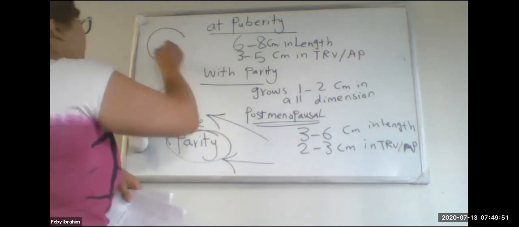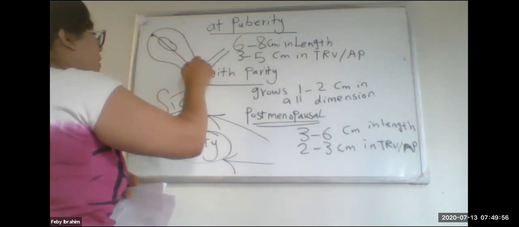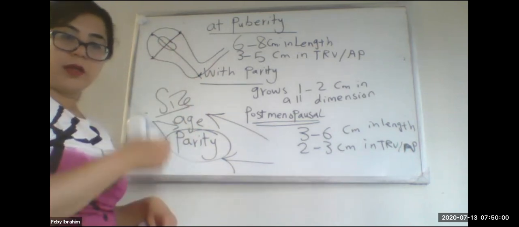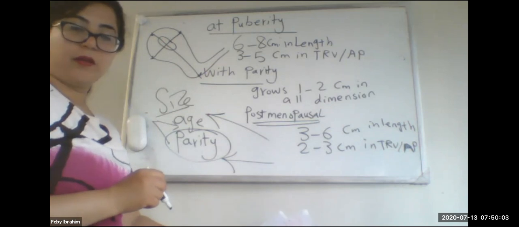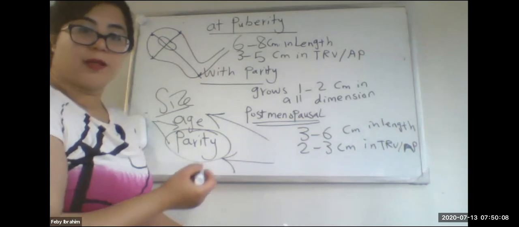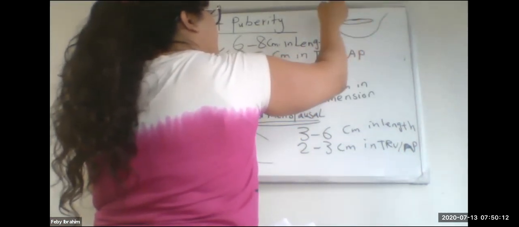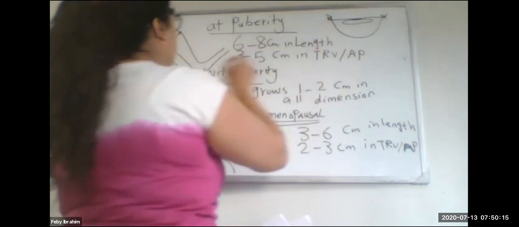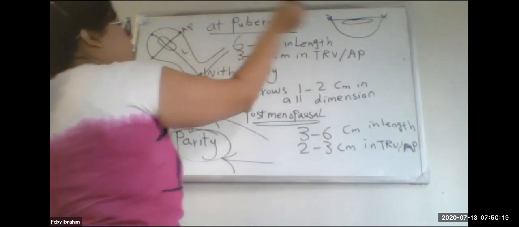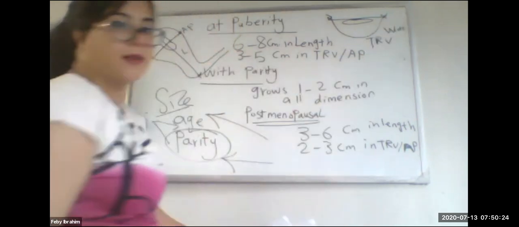In ultrasound, we measure the length and the anterior posterior in sagittal, and I'm going to repeat that when we talk about the protocol. And we are measuring the width in transverse view. This is the level of the fundus. We're measuring the width. So this one, we're measuring the length. This one is the anterior posterior, and this one is the width or transverse measurement.